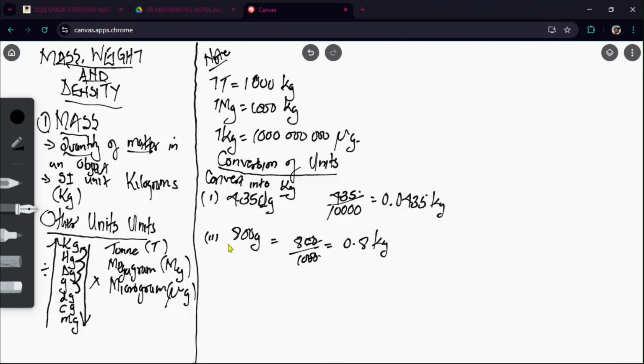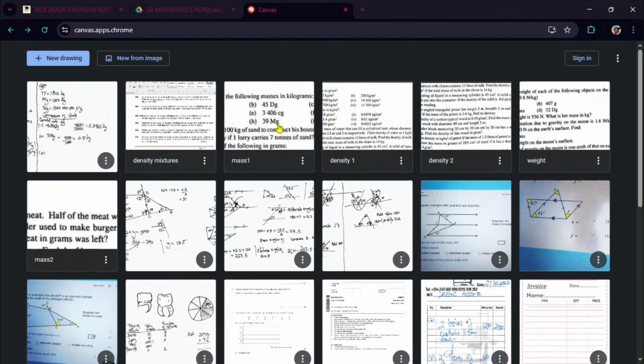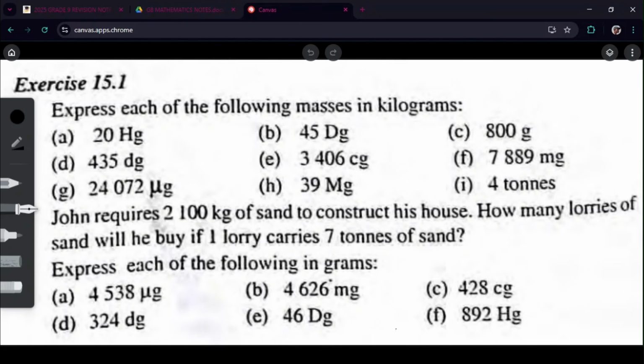If you're moving in the opposite direction, the only thing that will change is that instead of dividing, you are multiplying. If I pick an example here, let me pick this value.